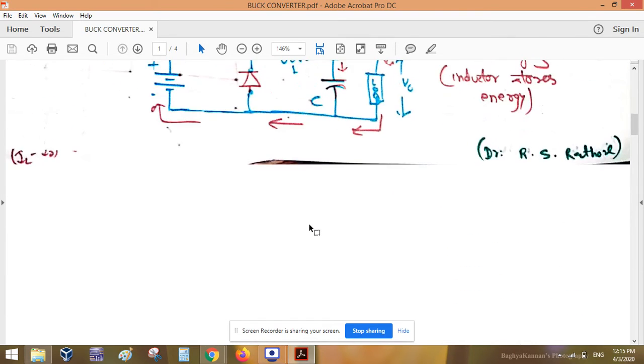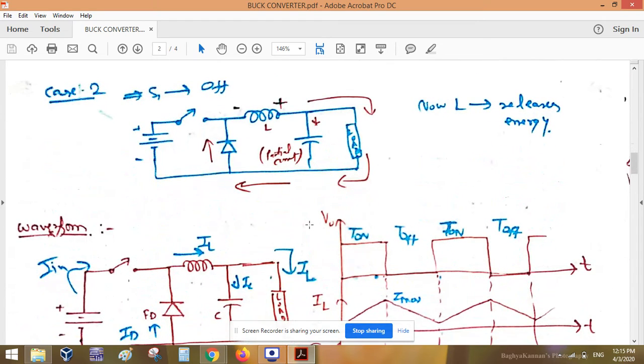Now the second case, S2: when your switch is off, what will happen? The inductor is the energy element; it stored energy during the on duration. Now it will release the energy in the next half cycle.